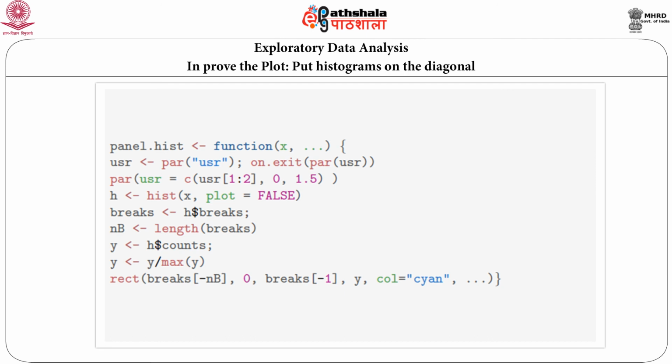So what we do is we define two functions, panel.hist here, and in the second case panel.cor. The panel.hist function calculates the histogram. Basically it's a function which takes the input values and produces the histogram.